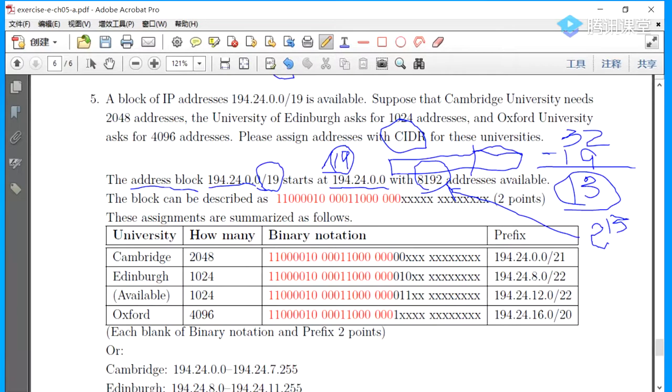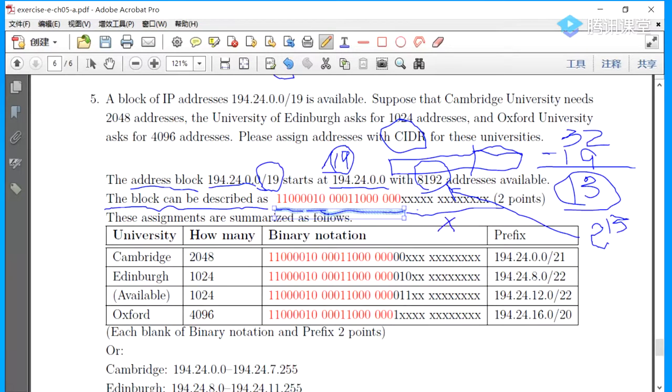Then the address block can be described with binary notation. We extend it with binary notation, with the fixed bits being 11000010 00011000 000, followed by 13 X's. What does X mean?